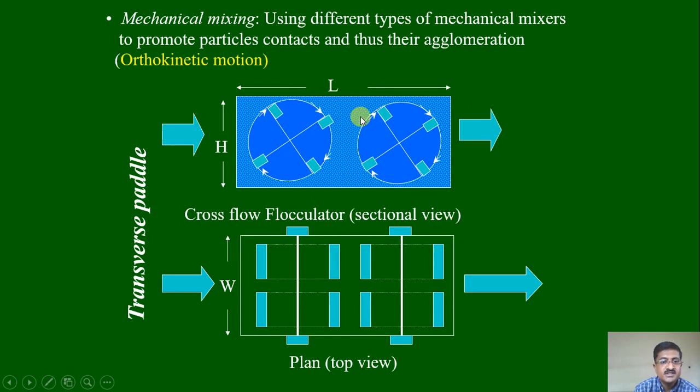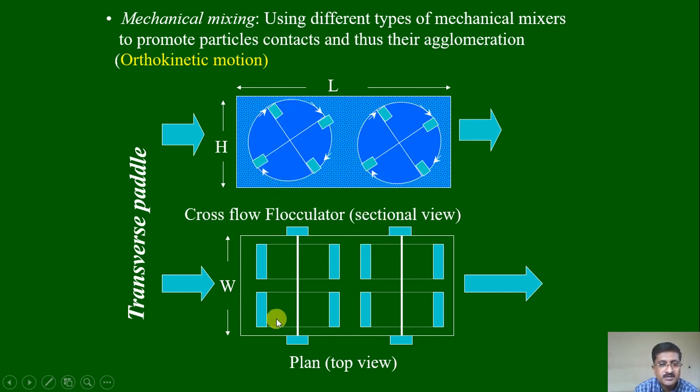Now you can see here the plan and elevation of this flocculator. Mechanical mixing using different types of mechanical mixers promotes particle contact and thus their agglomeration, which is orthokinetic motion. The water is moving there, and these paddles are provided here. So we have to design the length, height, and also the number of paddles.